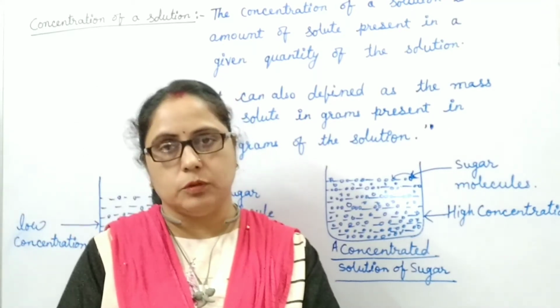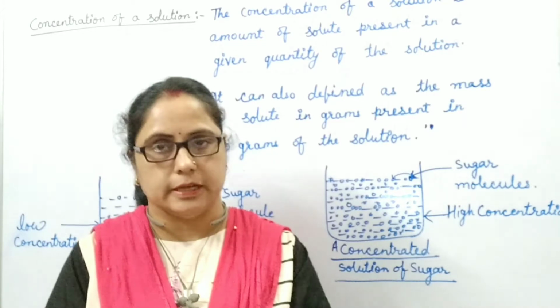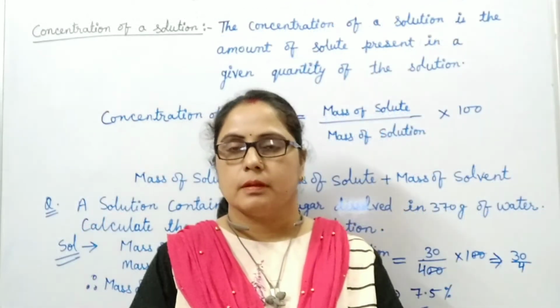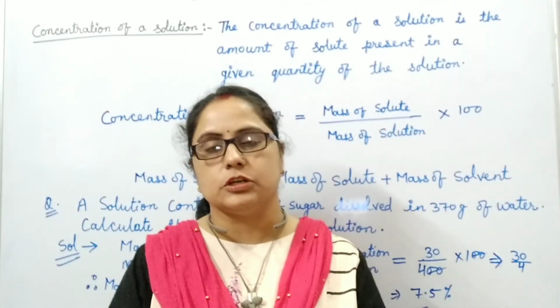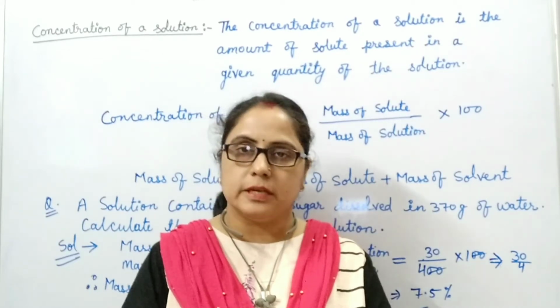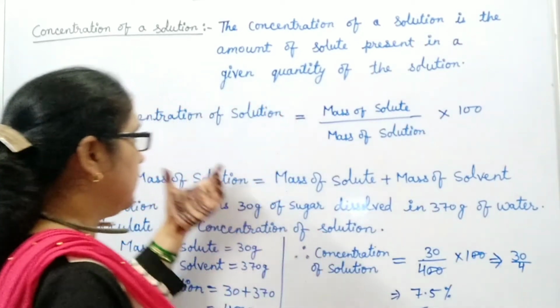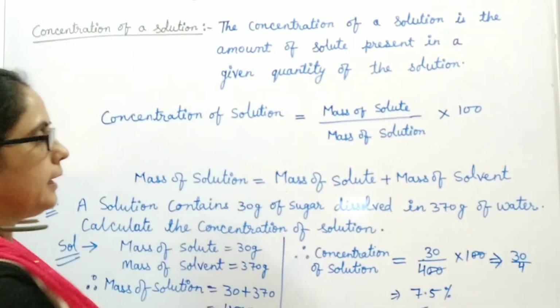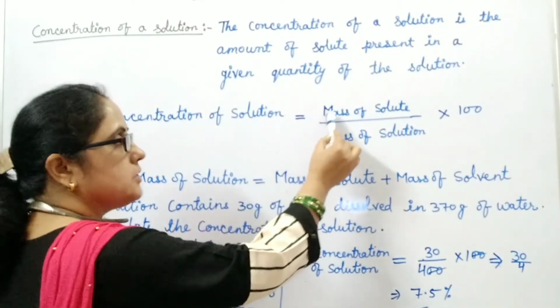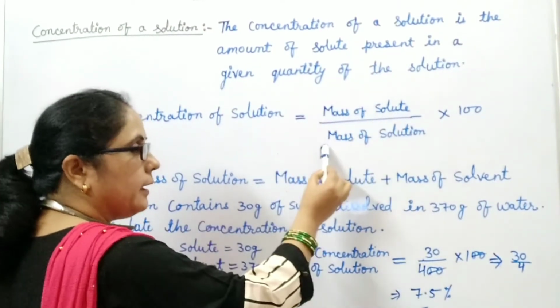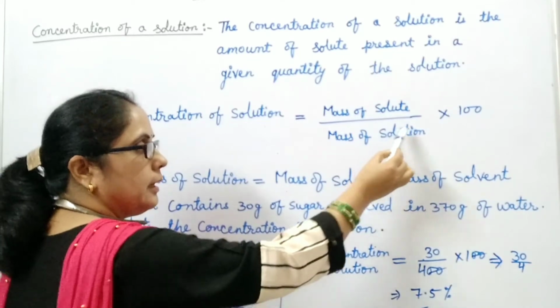Hence, we have the formula for concentration of a solution. We can find out the concentration of solution by using the formula: concentration of solution is equal to mass of solute by mass of solution into 100.